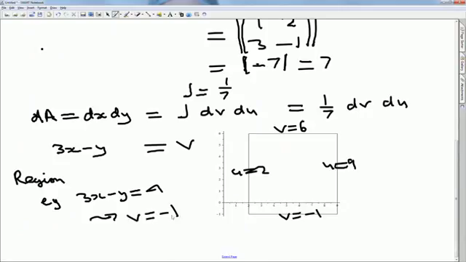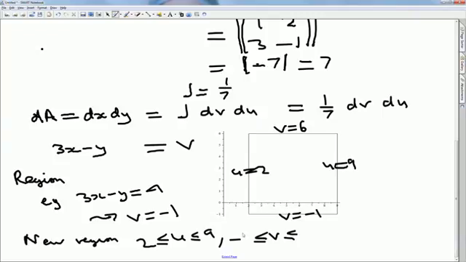I've done that to all four lines. So the new region is u between 2 and 9, and v between -1 and 6. And since it's a rectangular region, it's much easier to integrate.